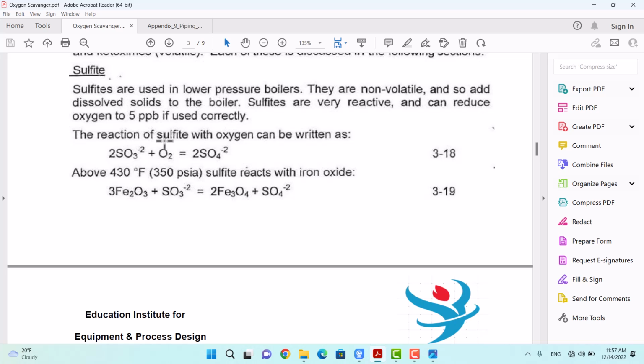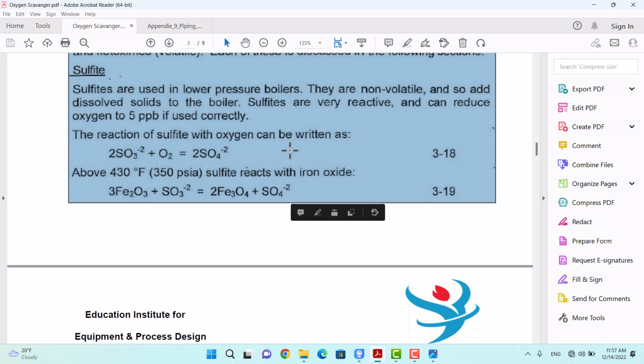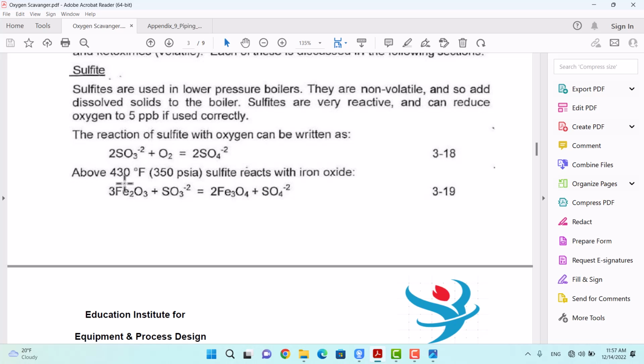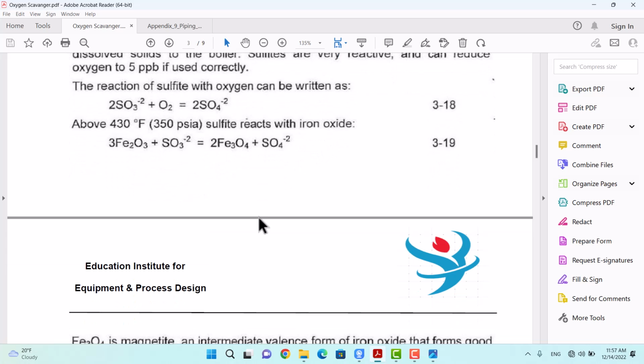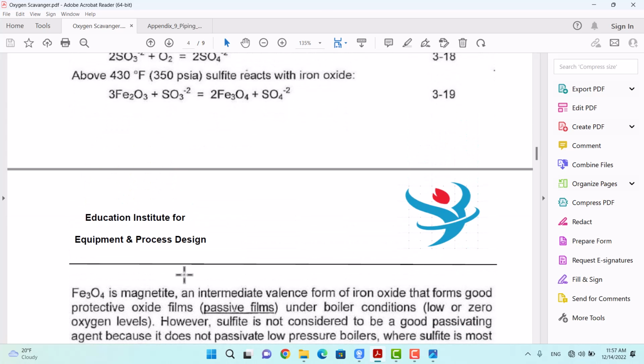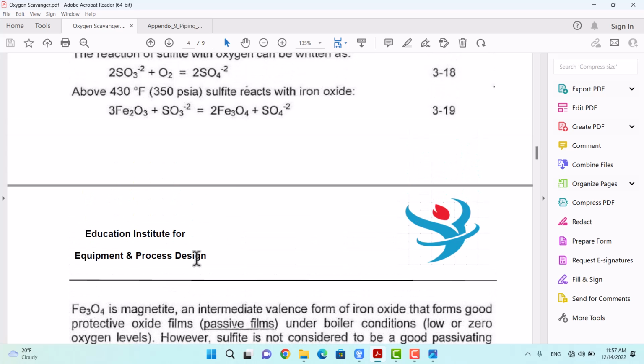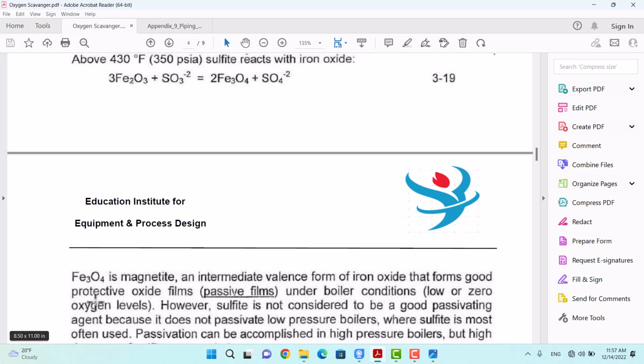The reaction of sulfite with oxygen can be written as this one. Above 430 Fahrenheit, sulfite reacts with iron oxides in this way, and creates a magnetite layer like this.